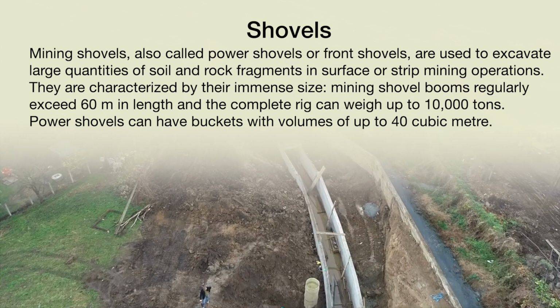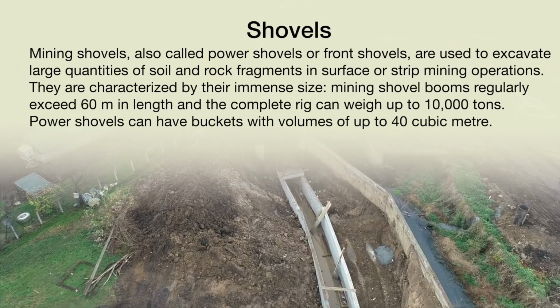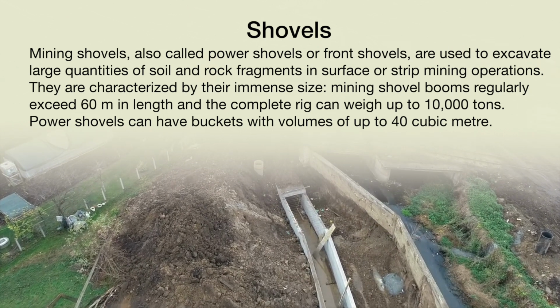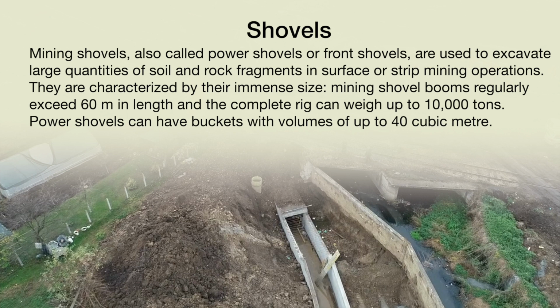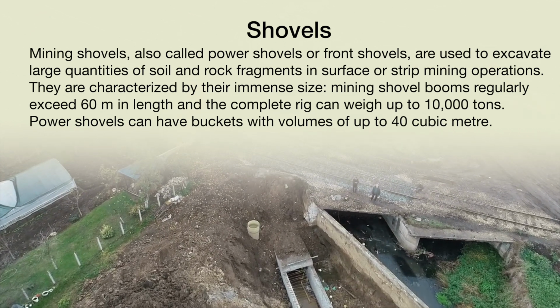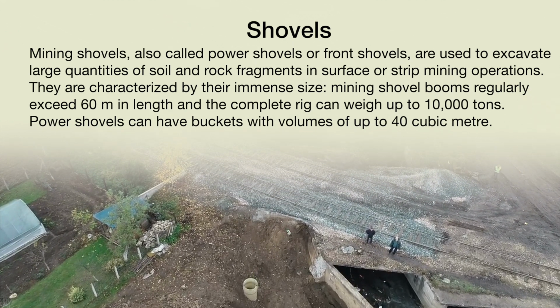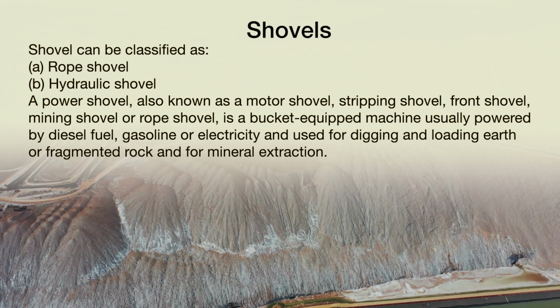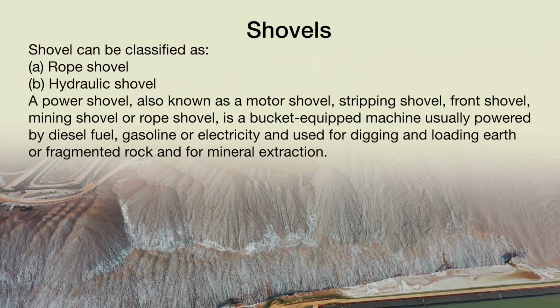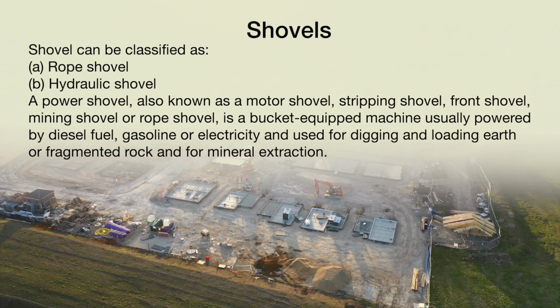Mining shovel booms regularly exceed 60 meters in length and the complete rig can weigh up to 10,000 tons. Power shovels can have a bucket with volume of up to 40 cubic meters. Shovels can be classified as follows. First one is rope shovel, then second is hydraulic shovel.